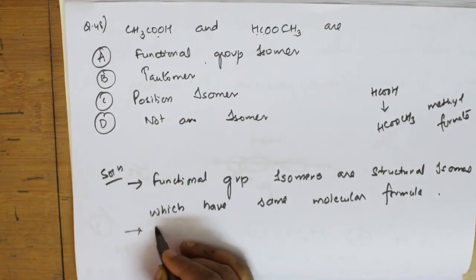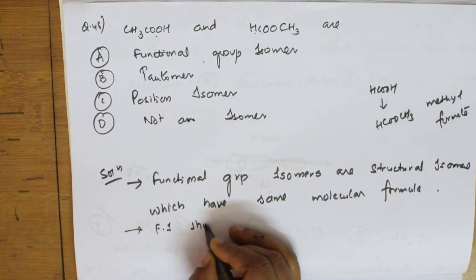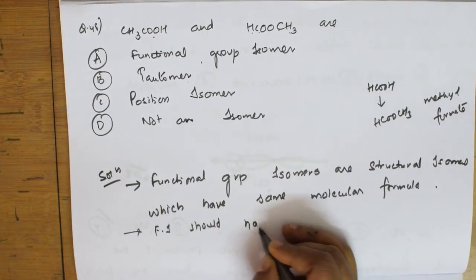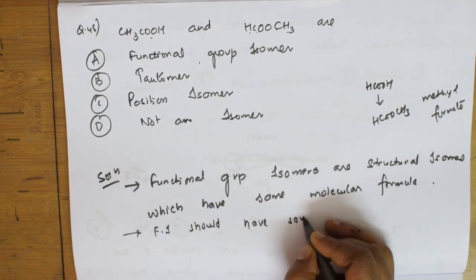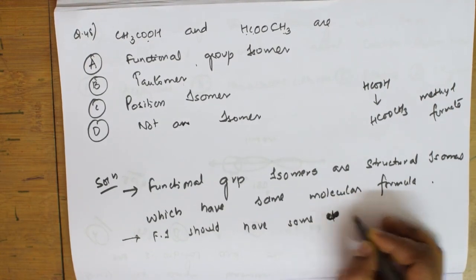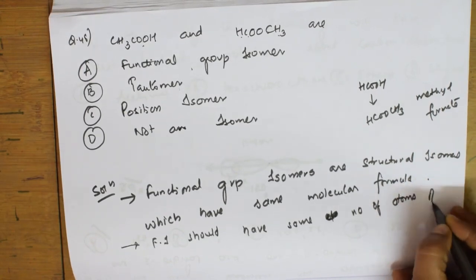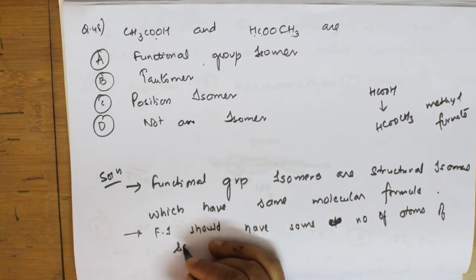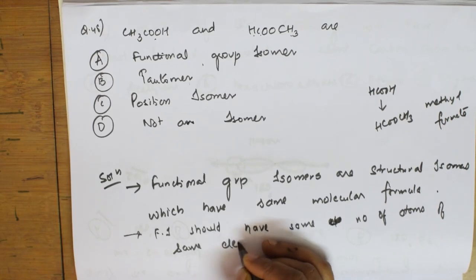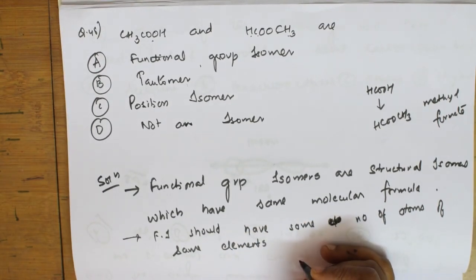Functional isomers should have the same elements, the same number of atoms of the same element, but the atoms are connected in different ways.